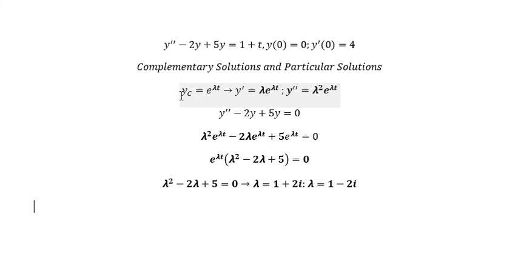Now we got about yc equals to c1 e to the power of t, sine 2t.